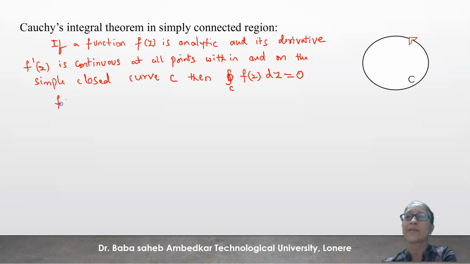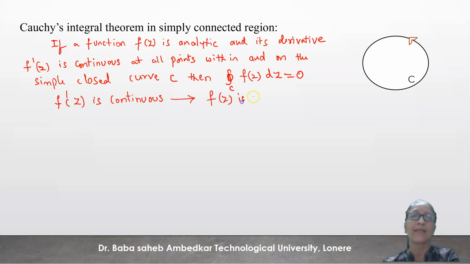What is the meaning of f'(z) is continuous? f'(z) means the derivative of f(z). Here f'(z) is continuous. This means f(z) is a continuously differentiable function.